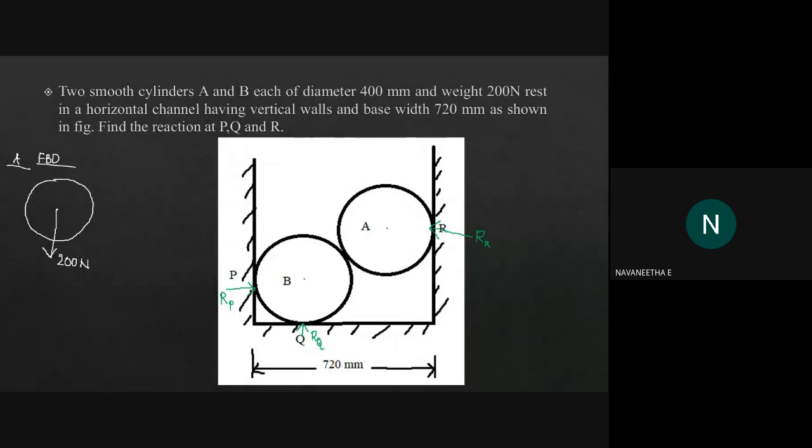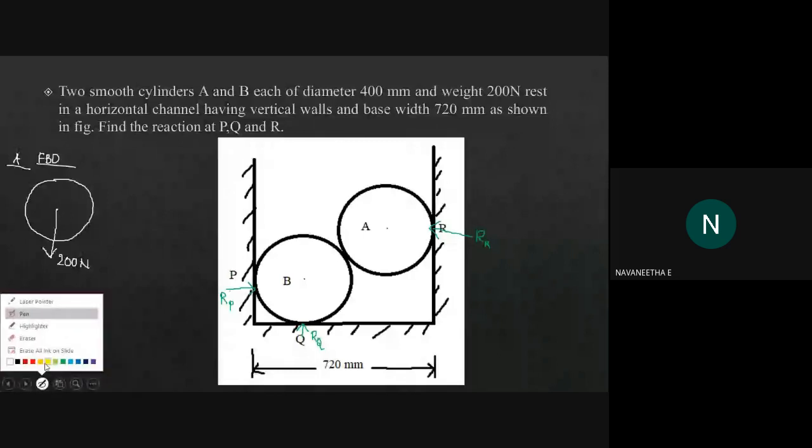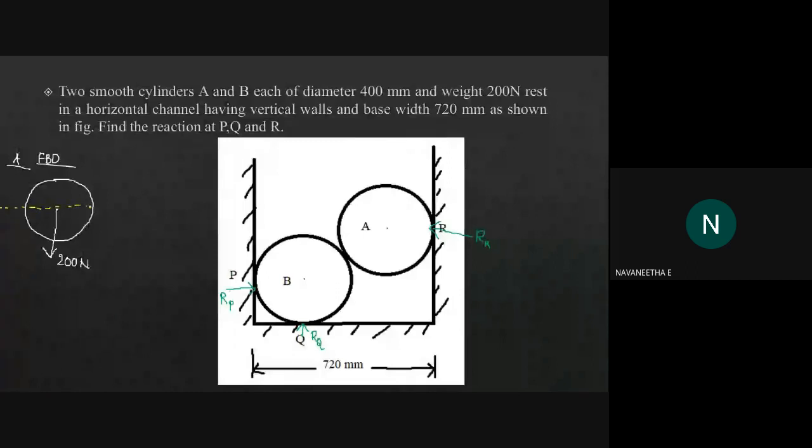The RR is acting along the x-axis. So we can simply draw this as the x-axis. We know, according to the law of transmissibility, we can move any force anywhere along its line of action. So the RR is acting in the leftward direction.